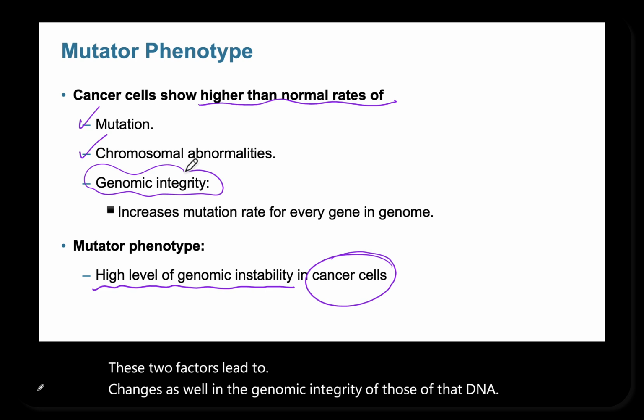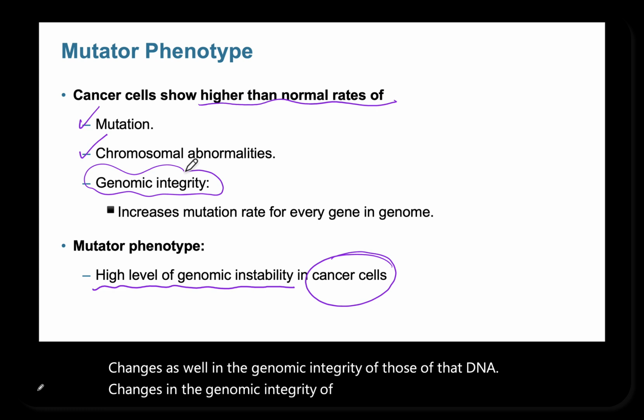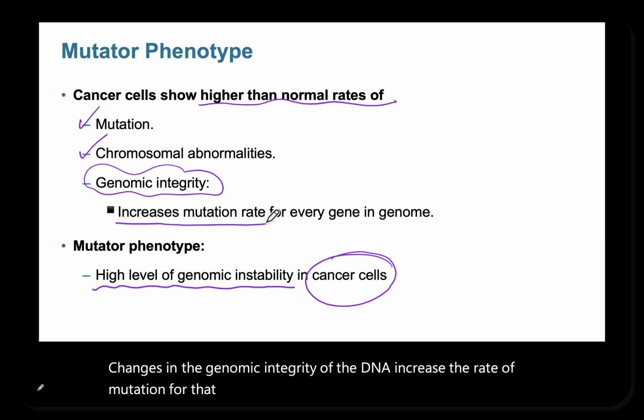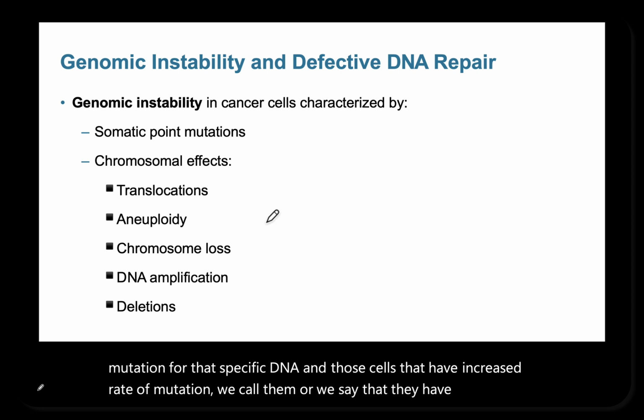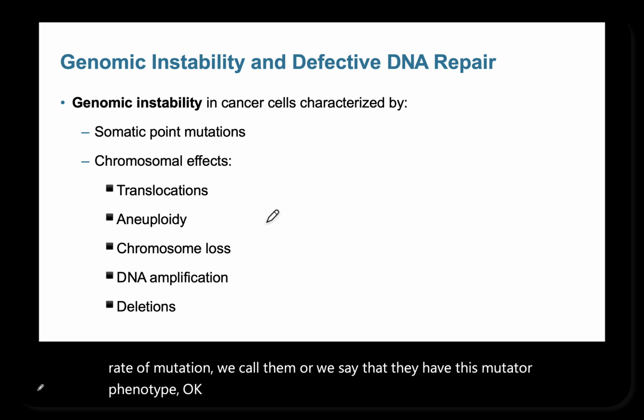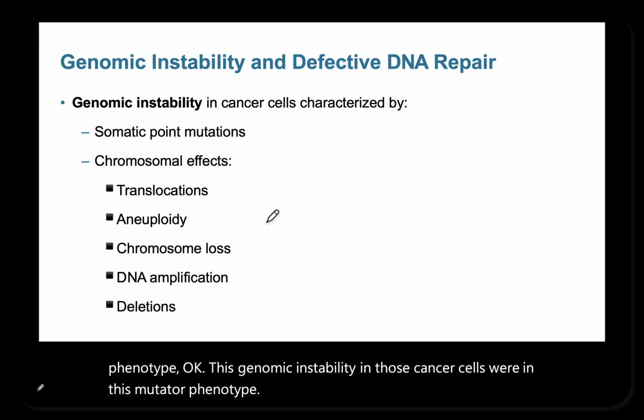Changes in the genomic integrity of the DNA increase the rate of mutation for that specific DNA. And those cells that have an increased rate of mutation, we say that they have this mutator phenotype.